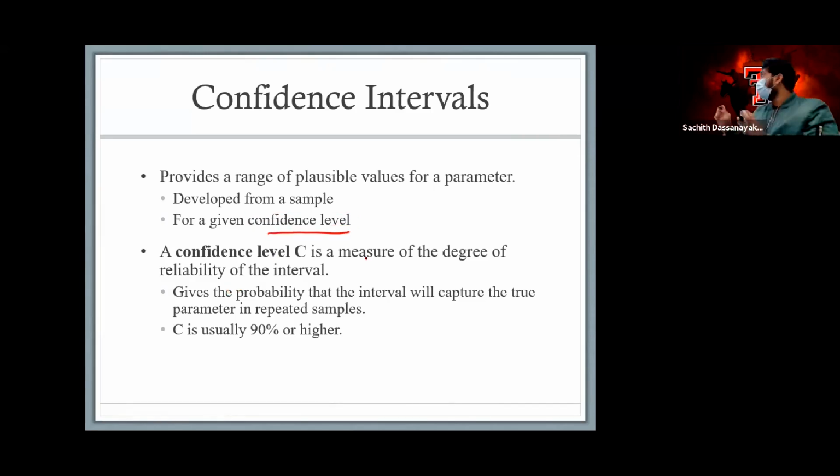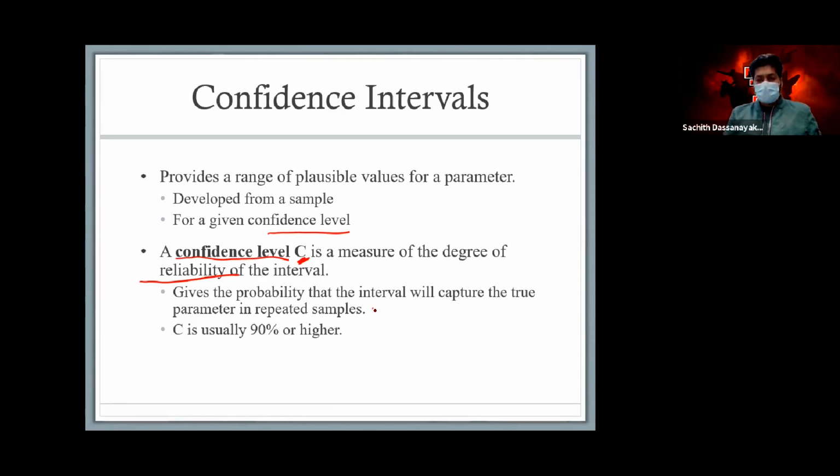You will see later what's going on. So the confidence level, let's say capital C, is a percentage: 90%, 95%, 99%. The confidence level measures the degree of reliability. 95% confidence means it's reliable, right?